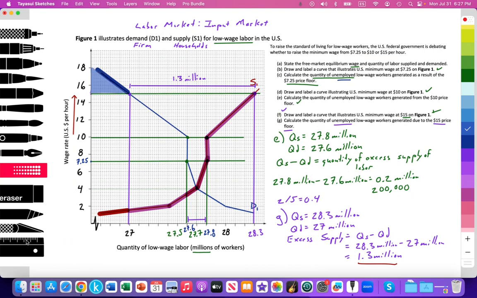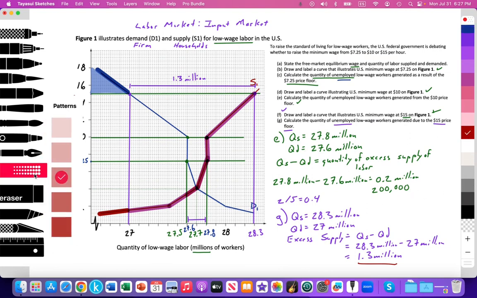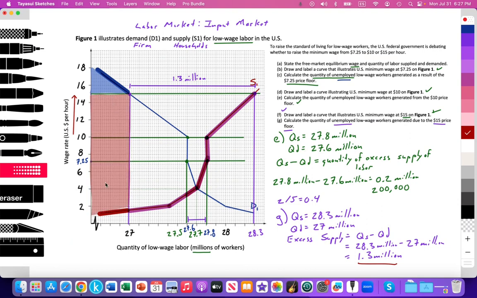And for the households that are employed, we can see the level of producer surplus. For these workers that get employed, this 27 million workers employed at $15 an hour, they get a big boost in their producer surplus, the supply curve, the households producing and offering labor. Big jump in that producer surplus, reduced consumer surplus by firms consuming labor.